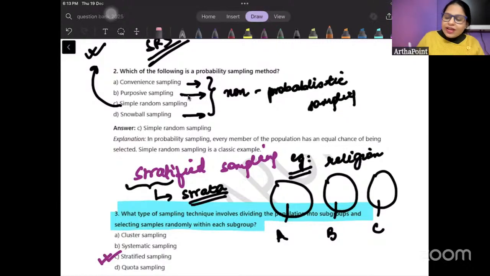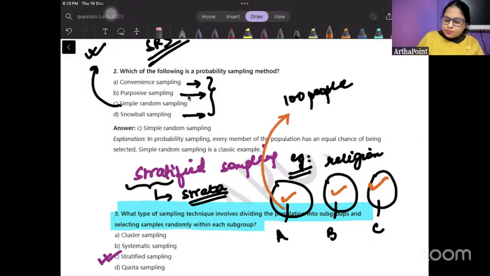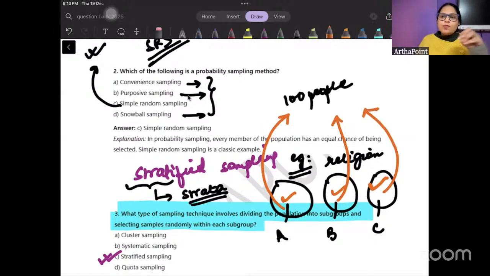And then when I have to create a sample, say someone tells me I need 100 people, I will make sure that each stratum is represented. I will pick some people from each group. So there is probability also involved.